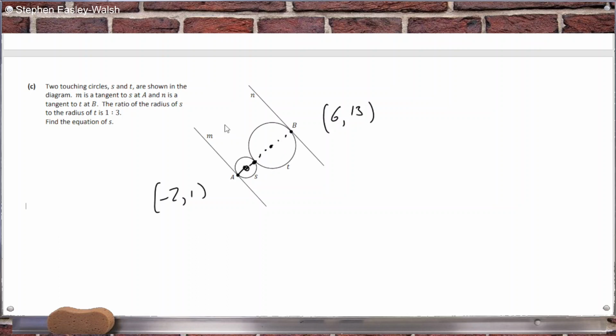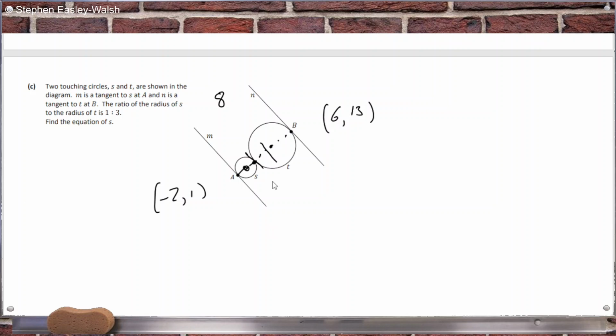Okay, so in total, there's 8 radii lengths here. So if I get the midpoint of AB, I'm here. If I get the midpoint again, I'm here.